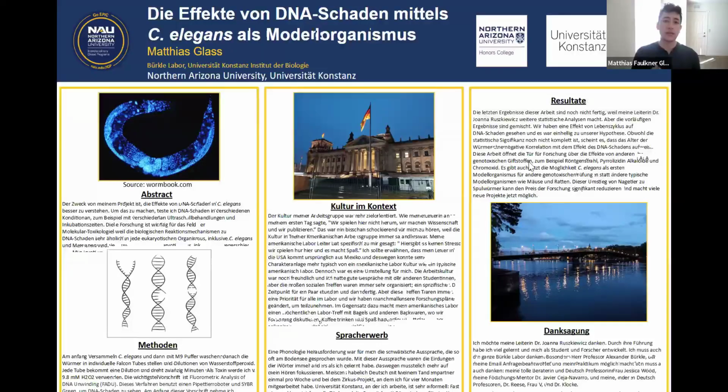And then I would use a technique called fluorometric analysis of DNA unwinding, which is a very large name, so we can call it FADU instead. This essentially allows you to run an assay using a pipetting robot that can take a time point at the beginning before too much DNA damage has occurred, and at the end, when more DNA damage has been enacted and more DNA has been unwound, and you can really see that effect more profoundly.